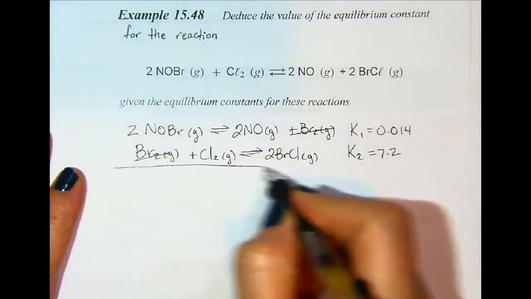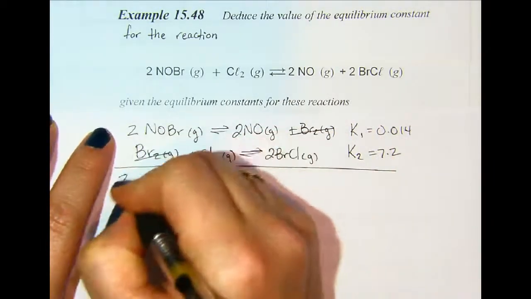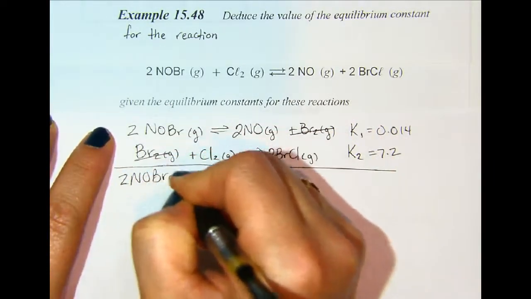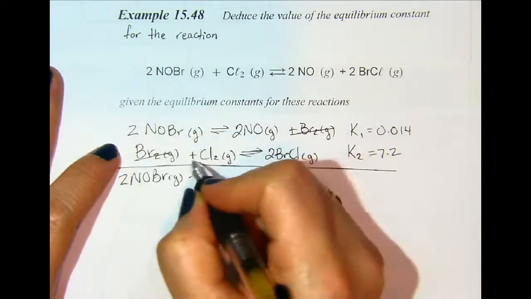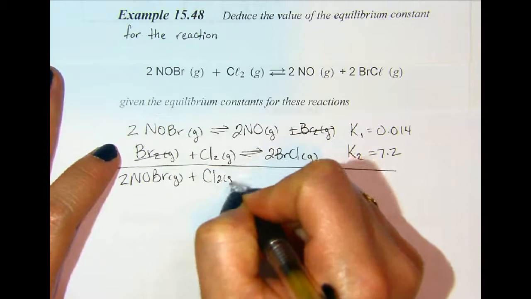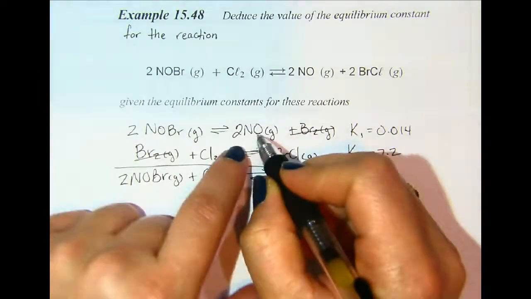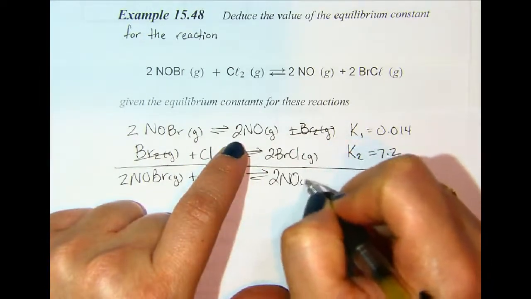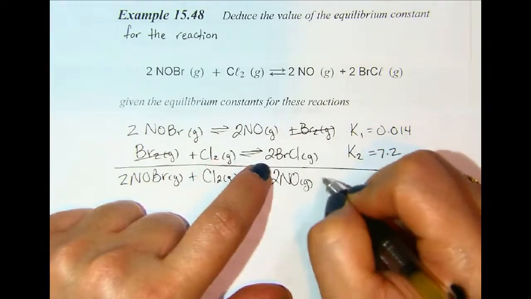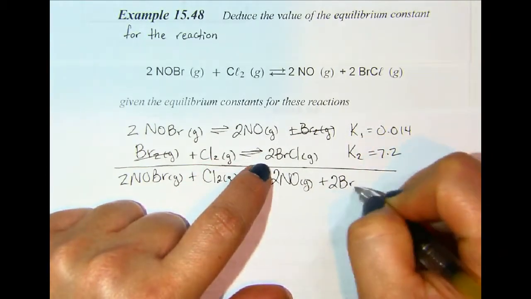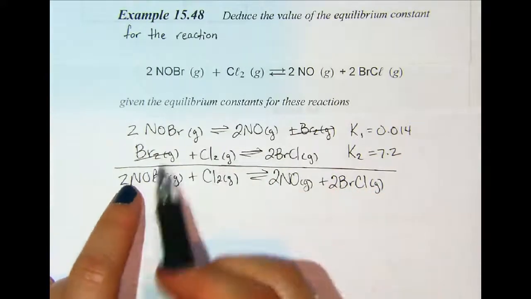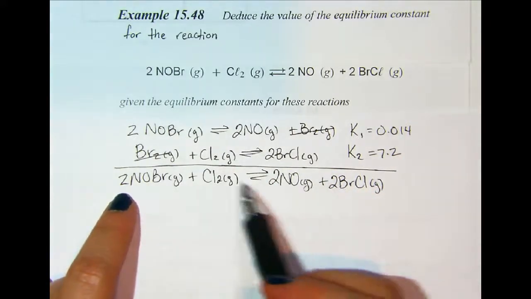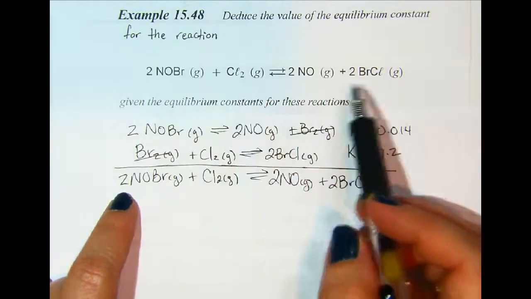And what you're left with is 2 NOBr plus Cl2 yields 2 NO gas, nitrogen monoxide, plus 2 BrCl gas. So basically these two canceled, and this is my net equation, which matches this equation up here.